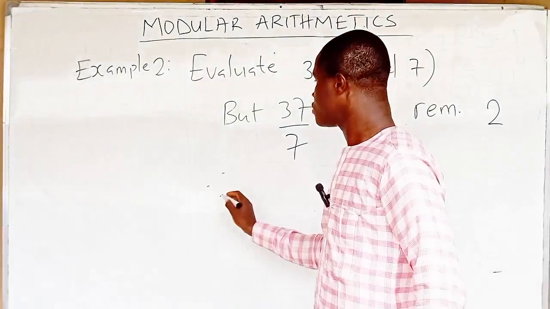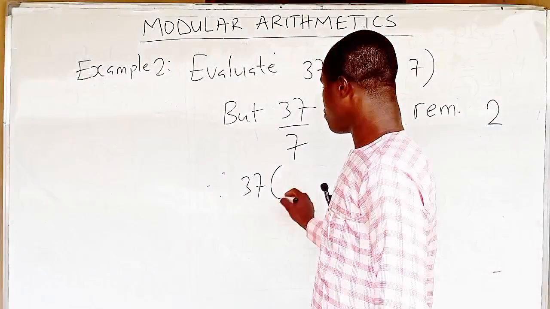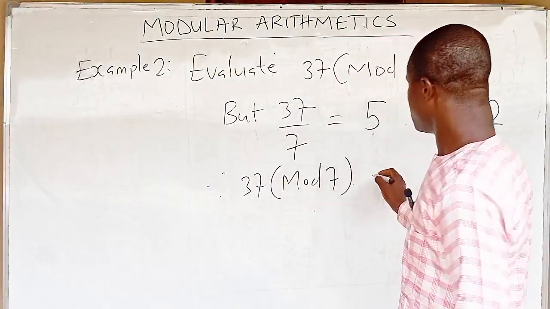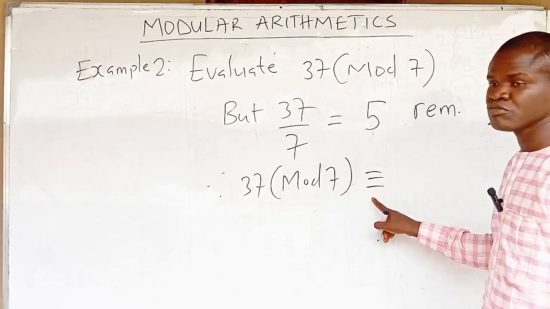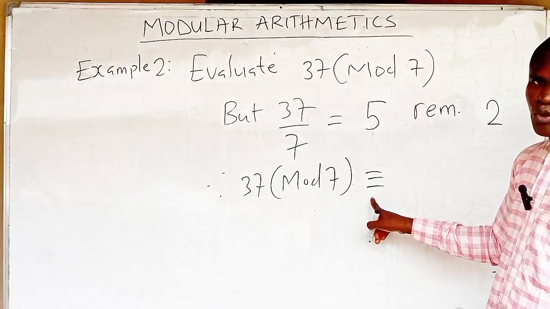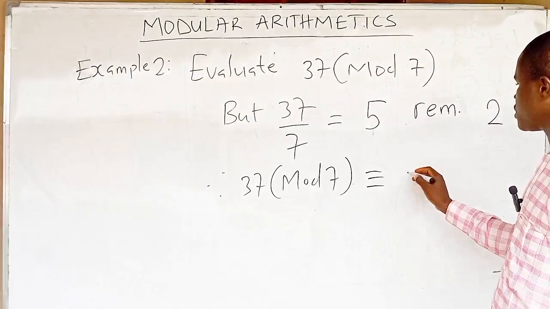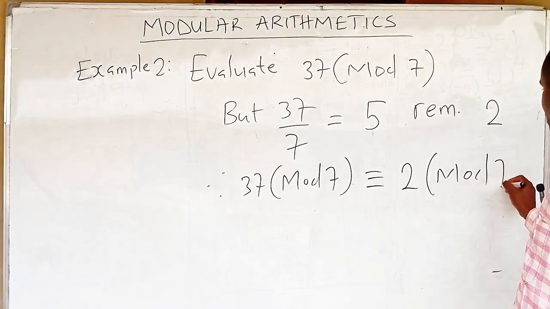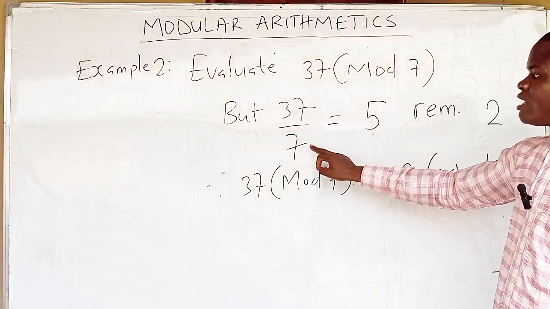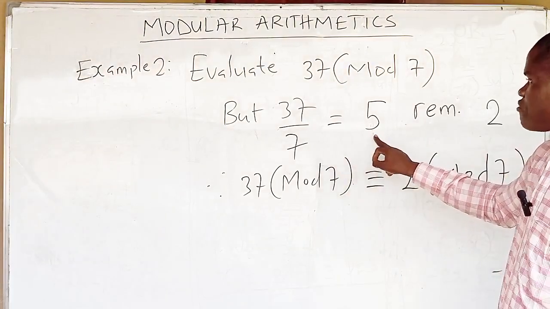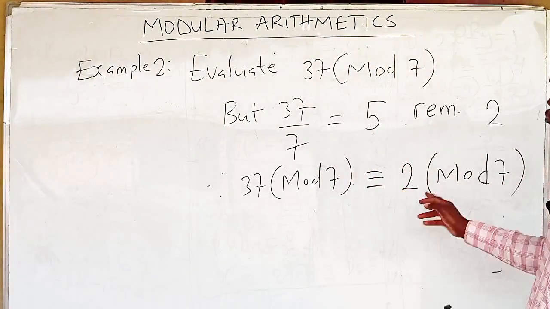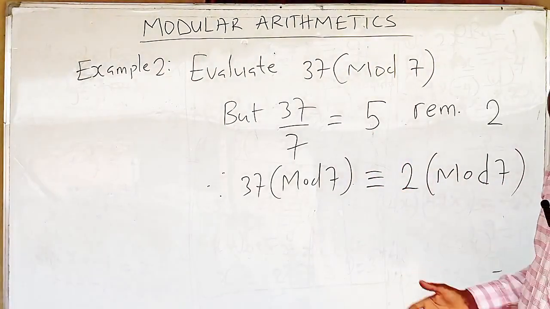So therefore, 37 mod 7 is the same thing as, this is a symbol for congruence or equivalence, 2 mod 7. So we did 37 divided by 7, the quotient is 5, and the remainder is 2. So our answer is going to become 2 modulo 7.